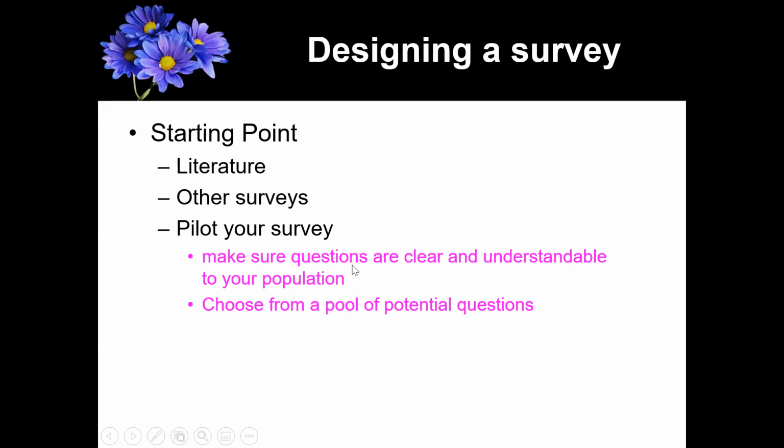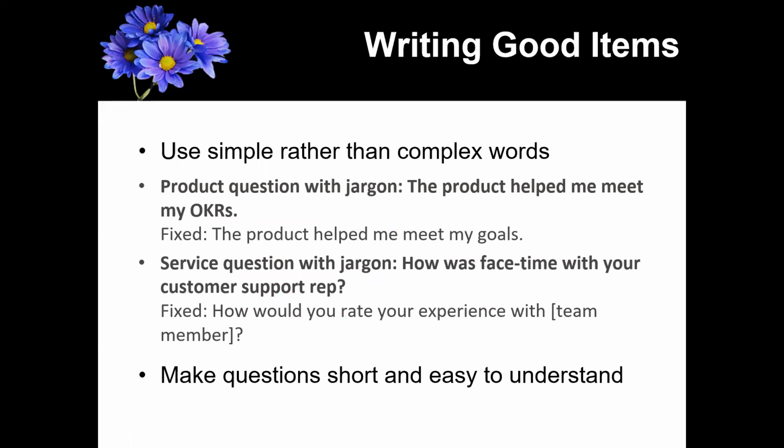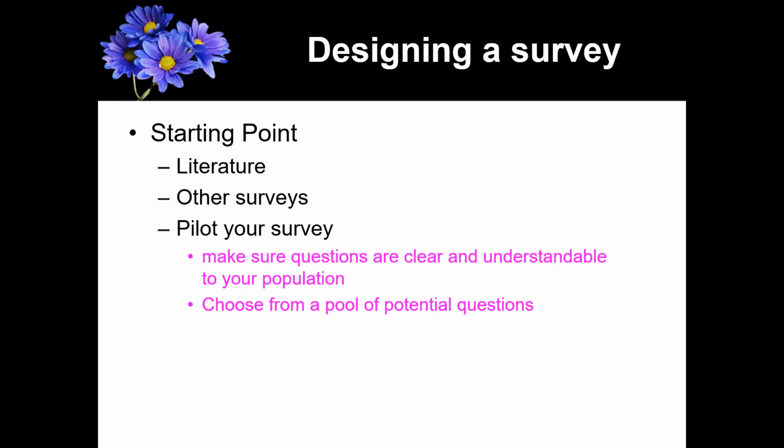And we're going to see how we examine these things, as well as how to improve them. Okay, so with the first one, you of course want to use simple rather than complex words. We want to make sure we're not bombarding people with terms they don't understand, or even worse, that they misunderstand. Right?